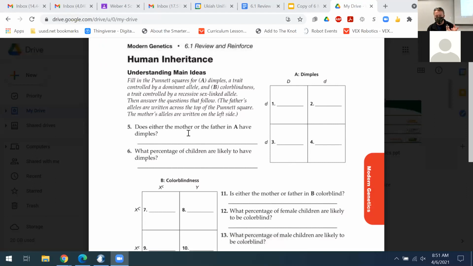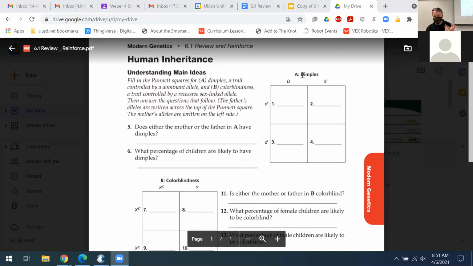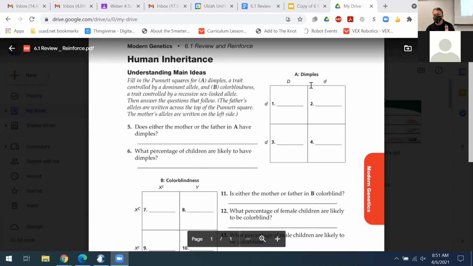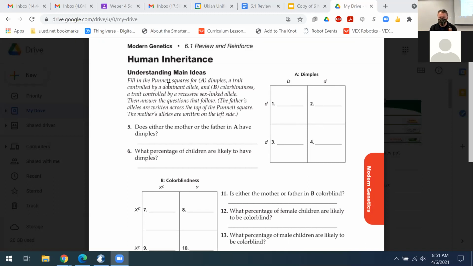So number 5 is, does the mother or the father in A have dimples? So this would be A is in dimples. Capital D, lowercase d, right there. Double lowercase d. Capital D, lowercase d. It asks which one, either the mother or the father, has it. What do you guys think? Well, capital D would be dominant on that one.